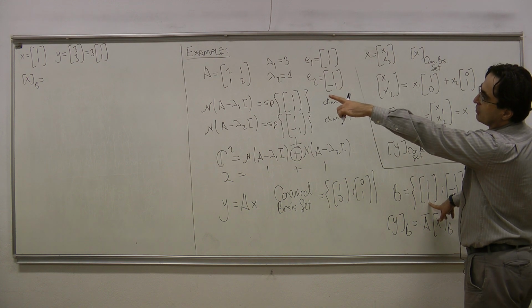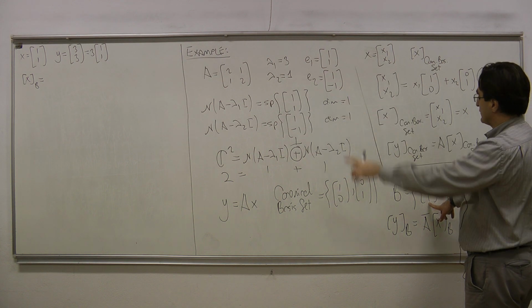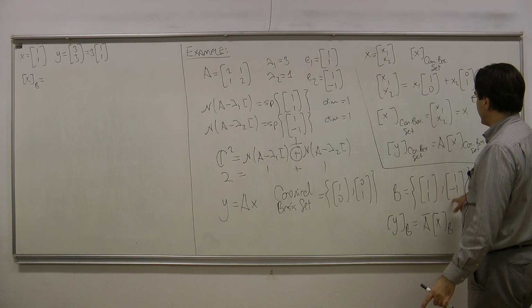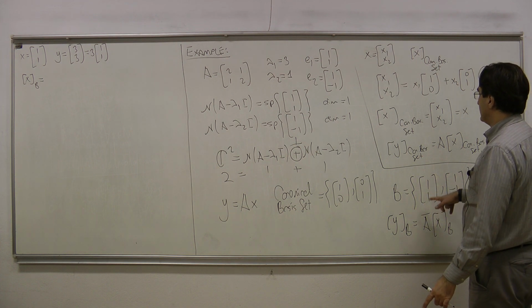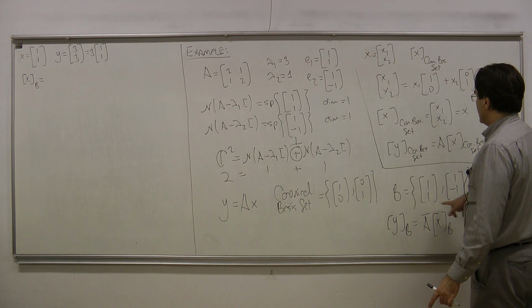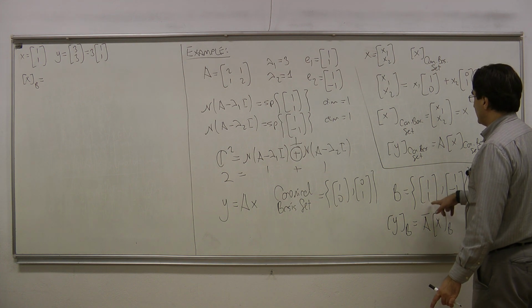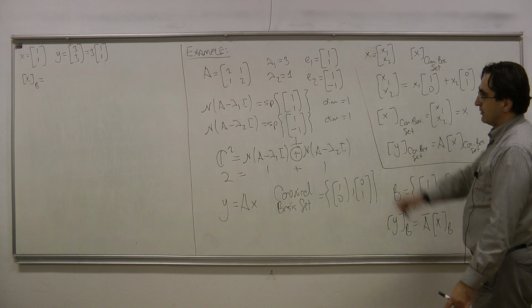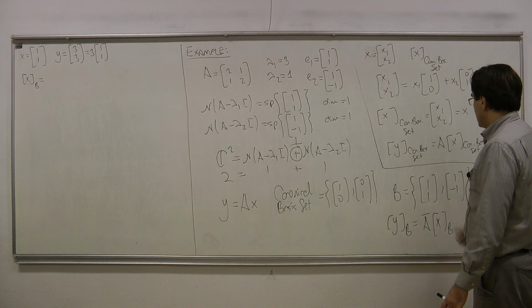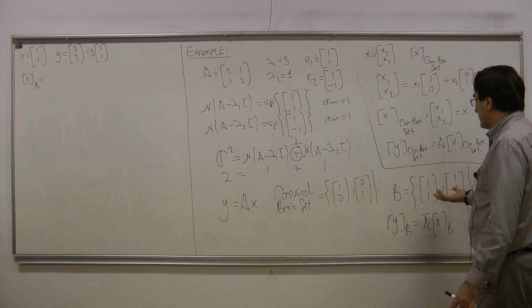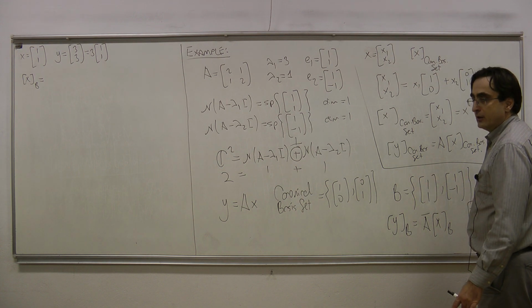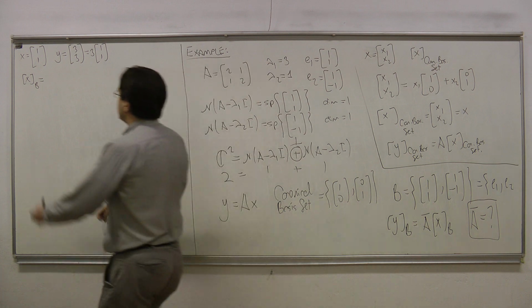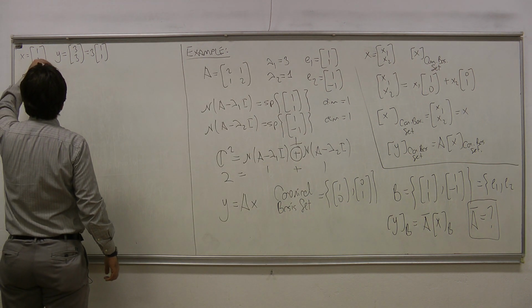So if I want to find the representation of this vector with respect to these basis vectors, I need to express this vector as a linear combination of the basis set elements, and I would write the coefficients as my representation. Okay? 1, 1 is nothing but 1 times 1, 1 plus 0 times 1, -1. So the representation of x with respect to B is 1, 0.